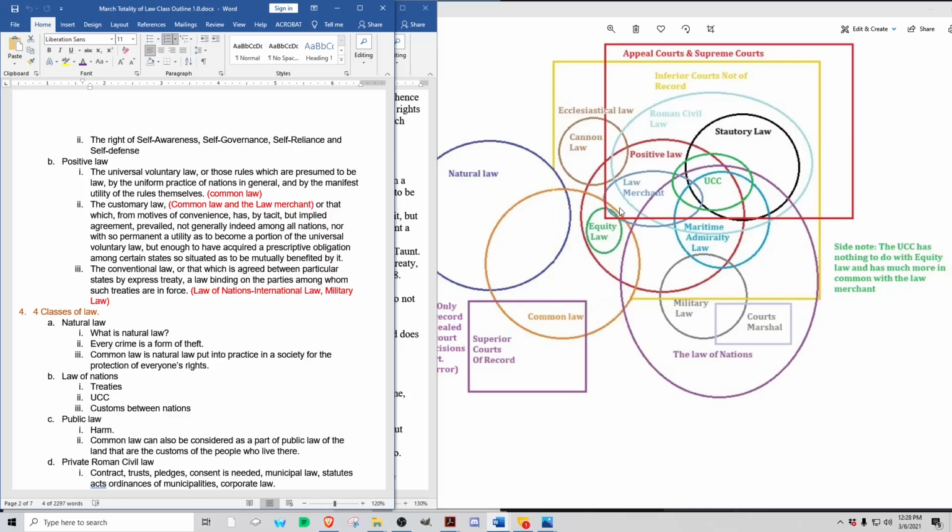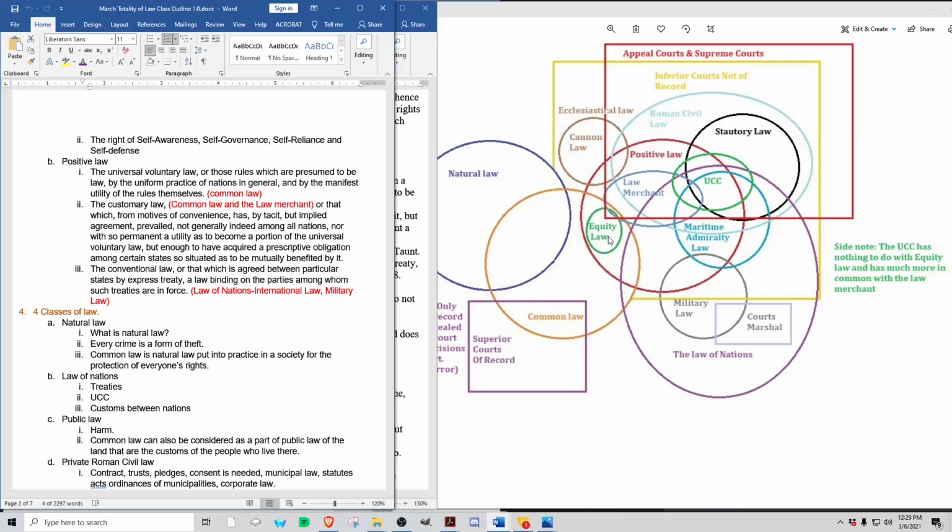The law merchant is the common law of merchants, which is why the law merchant and the common law kind of intersect here a little bit. They touch. And law merchant also has a little bit to do with equity. It's supposed to be the fairness between merchants. And it was laid down a long time ago, and I'll get into the specifics of the law merchant and how it connects to Maritime Admiralty a bit later today.